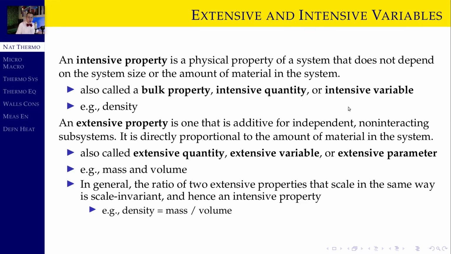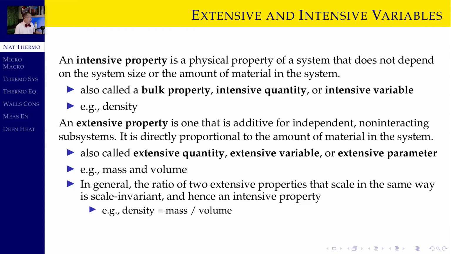The density of water is the same at, let's say, 20 degrees centigrade, whether the sample of water is a drop of water or a whole bucket of water. Or the temperature of that same drop of water will be the same as if we took one drop from a bucket of water. The temperature of that drop of water will be the same as the entire bucket of water.